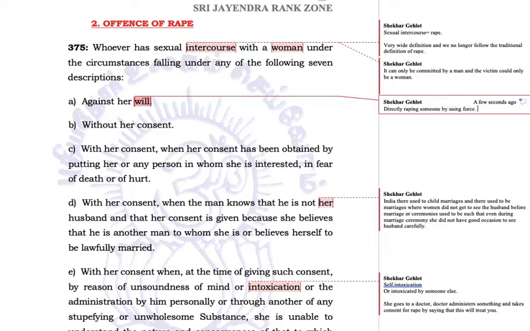You are straight away using force. You are muzzling her voice, you are using your body, you are forcing yourself on her, you have tied her up, or you have kidnapped her, or you are doing whatever, but against her will, by force you are committing rape.